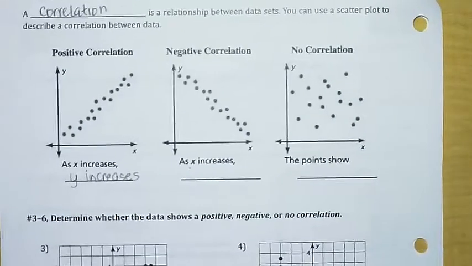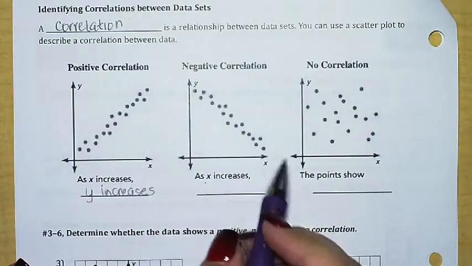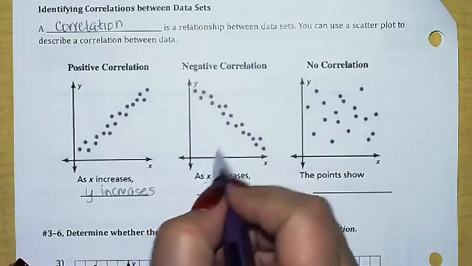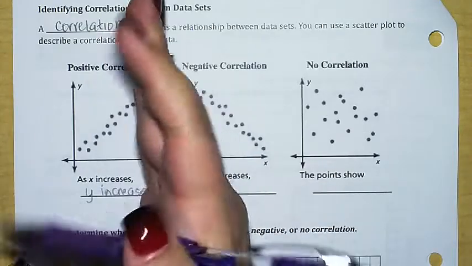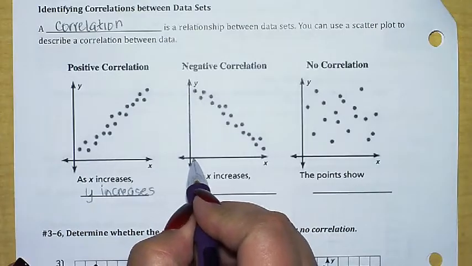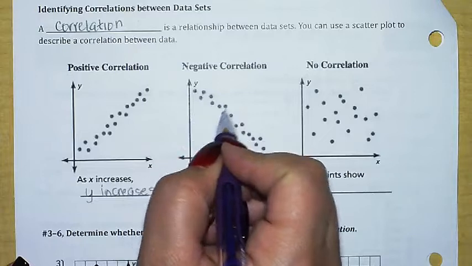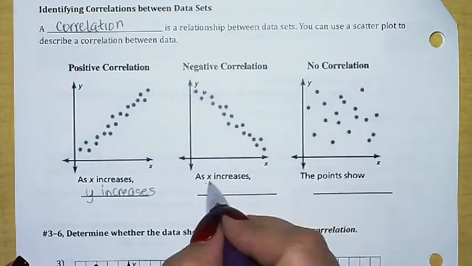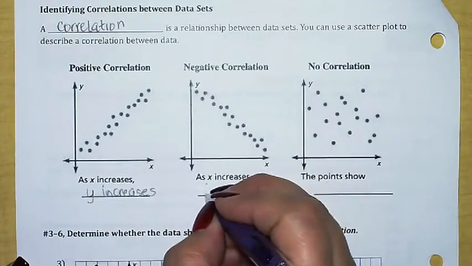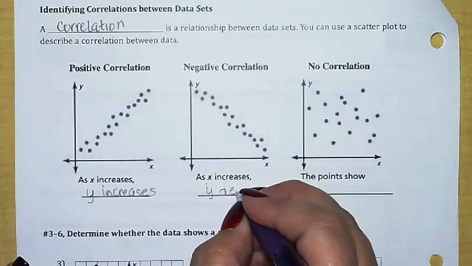We consider it a negative correlation if, as X increases, and we always read this from left to right, looking at X going from low to high, these points seem to be falling. So as X increases, Y decreases. That's considered a negative correlation.